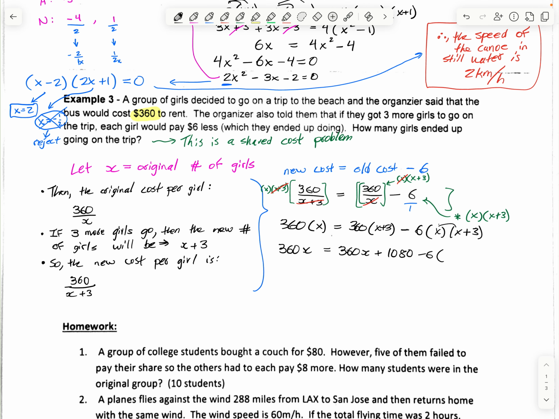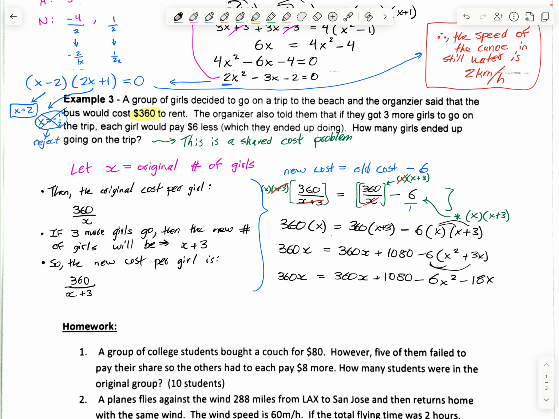That's going to be x squared plus 3x. Okay, so expand that. That's going to be 360x equals 360x plus 1080 minus 6x squared minus 18x. So I just expanded everything.